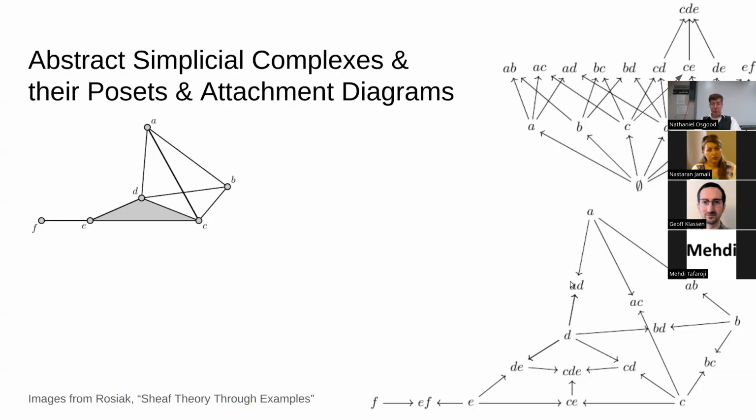So let me ask this, and I'm asking about this for a reason. Again, remind us, what's the star of E? C, E, D, E, E, F, and C, D, E, right? Good. What's the star of DE? This one here.